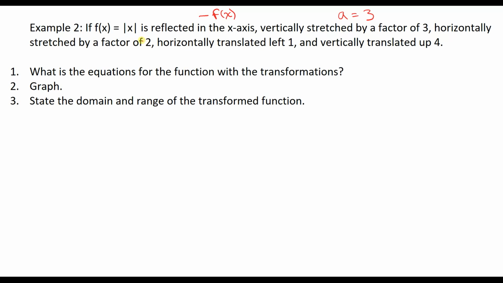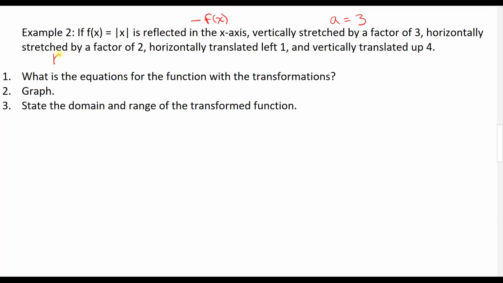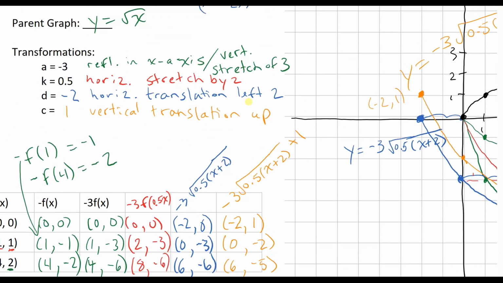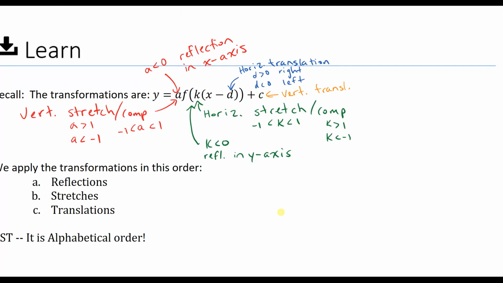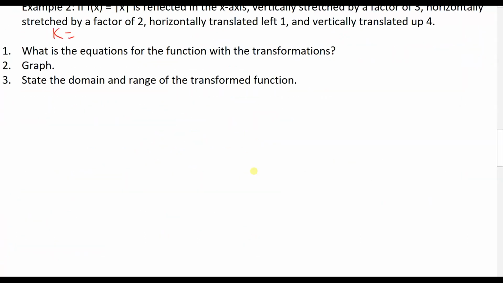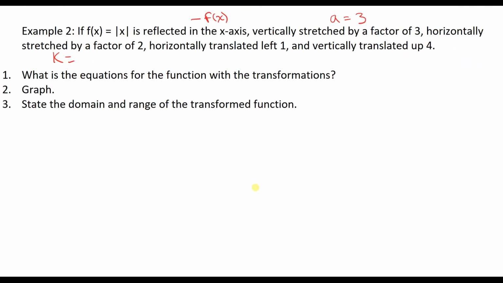We can go back to our notes. Stretch is bigger numbers for the vertical, horizontal is the opposite. We can go back to our notes and check. So we said it's a stretch when it's between negative 1 and 1. So here, if it's horizontally stretched by a factor of 2, the k value is 1/2. Okay?